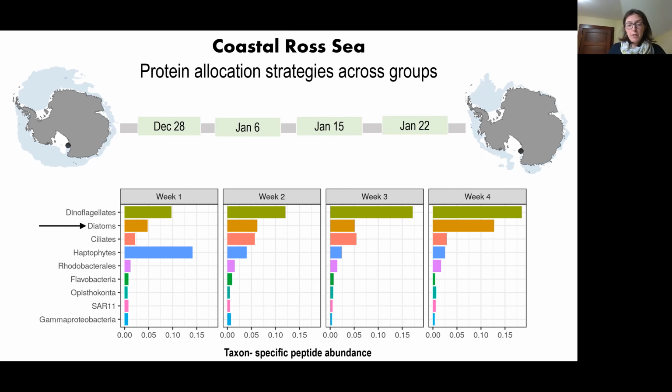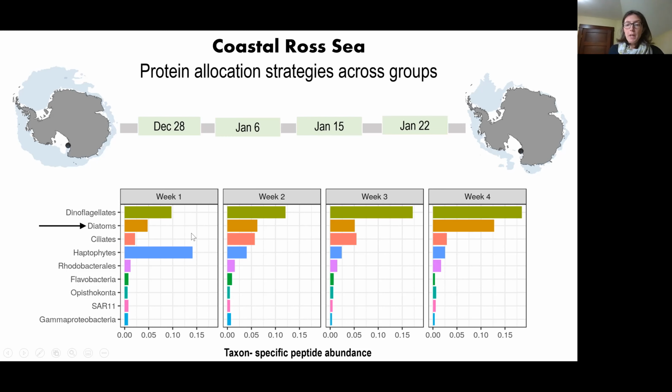And the SAR11 are important throughout the world's oceans, I think, and they're present in often low but sustained concentrations throughout the ocean. And so what we can see here is that SAR11 contributes relatively the same proportion of protein throughout our time series here, suggesting that it's a consistently important part of the community, but that its abundance isn't changing too much.